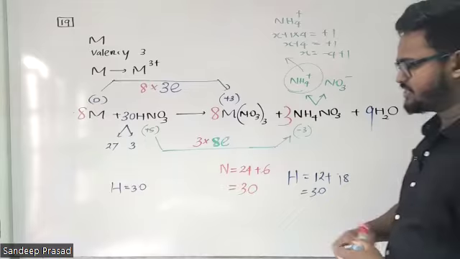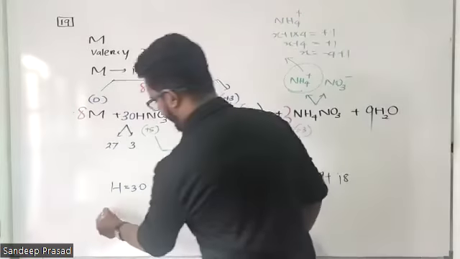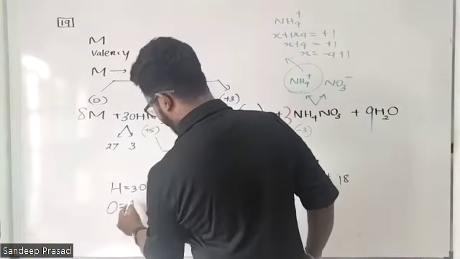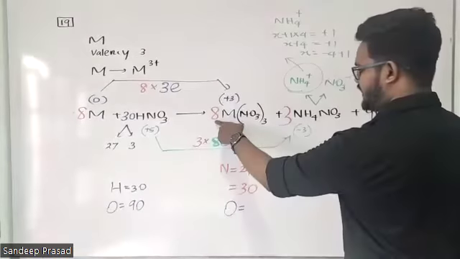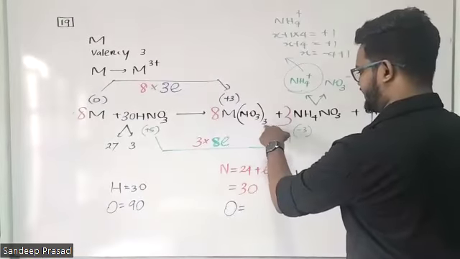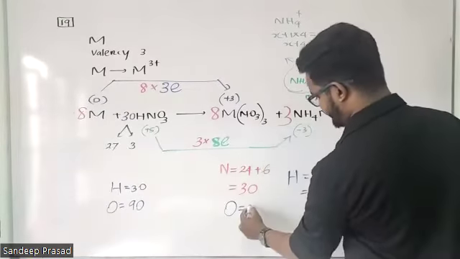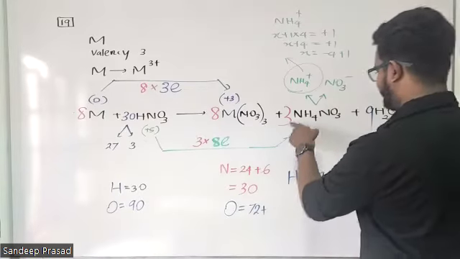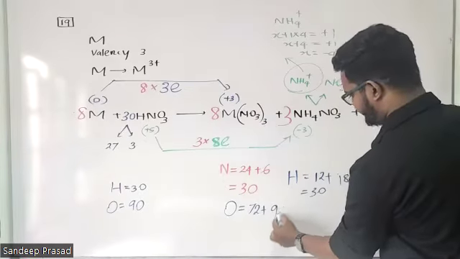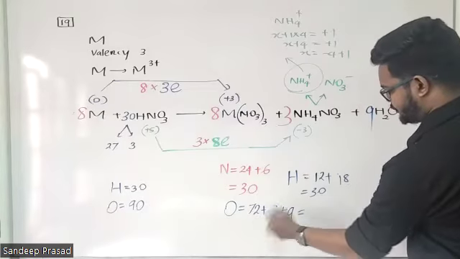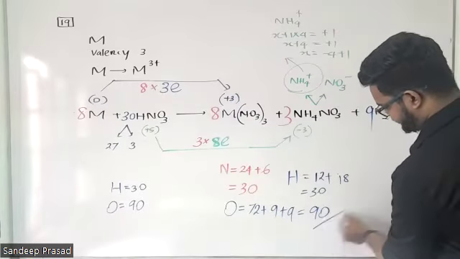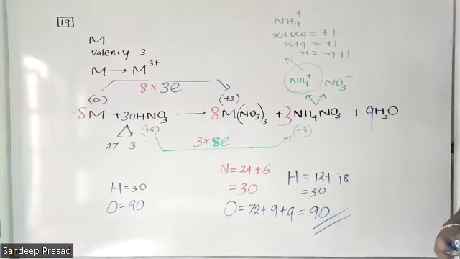Check whether finally the reaction is balancing or not by counting oxygen atoms. 30 into 3, 90 oxygen atoms are there. Here we can see 8, and here 3 into 3 is 9. 9 into 8 is 72. Here 3 into 3, 9, and here also 9. 72 plus 18, answer is 90. Confirm that the reaction is balanced. Reaction is balanced.